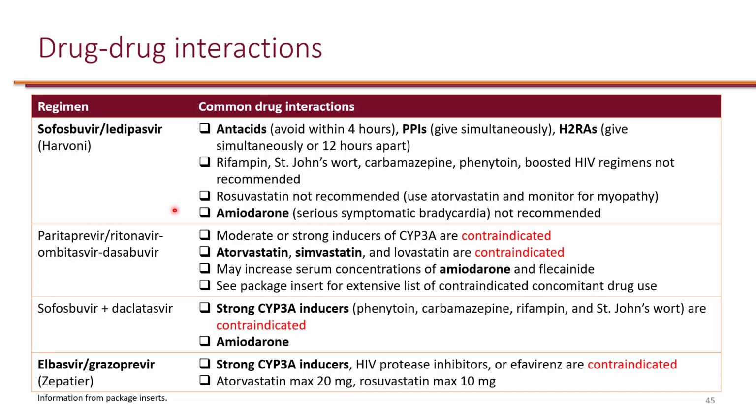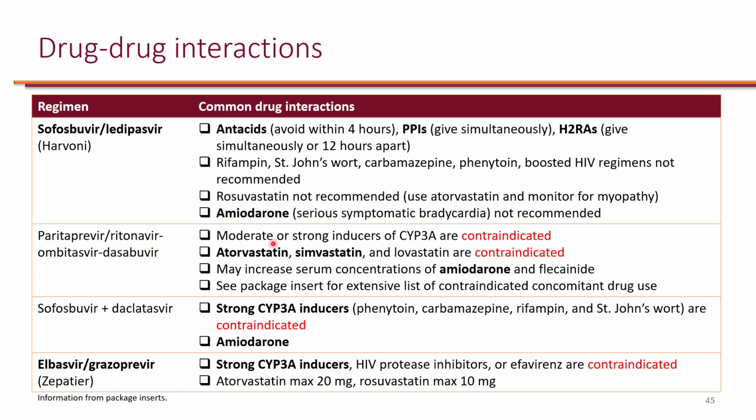But again, this is not a contraindication. So if the patient does need to be on both of these agents, then it's important to have regular cardiac monitoring in these patients.